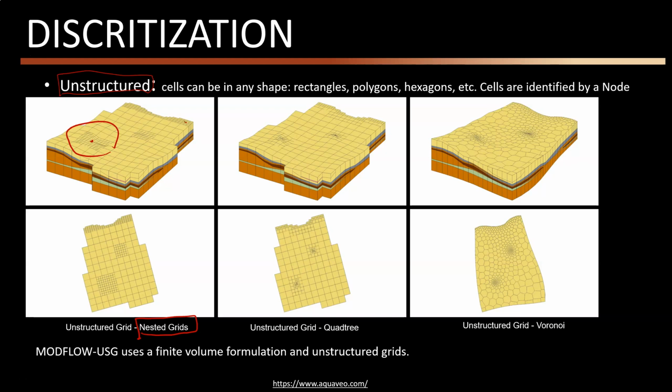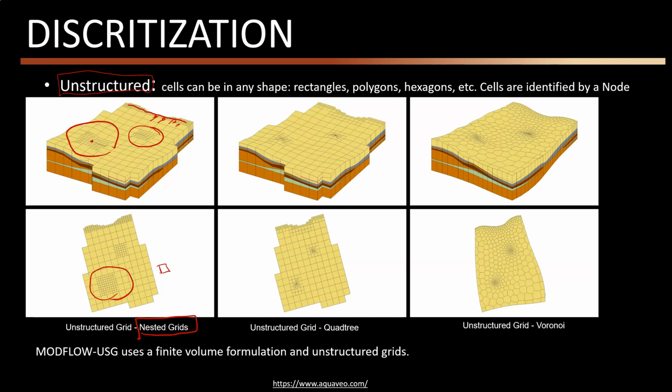Or if there is a river or boundary condition where we would like to know how the system is responding, anyway, if there are areas where we would like to increase the resolution, we can locally increase it using nested grids. But as you see here, everything is still rectangular, even in these areas. So that's one way.